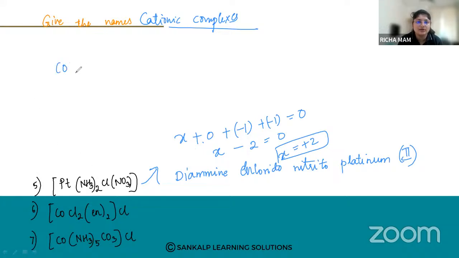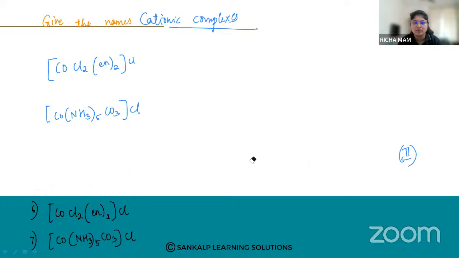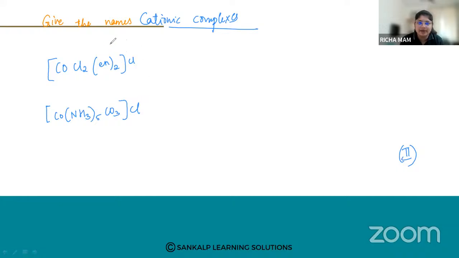So cobalt, Cl2, en twice, Cl. Okay, tell this. Yes. What is the name? So this is ethylene diamine, right?